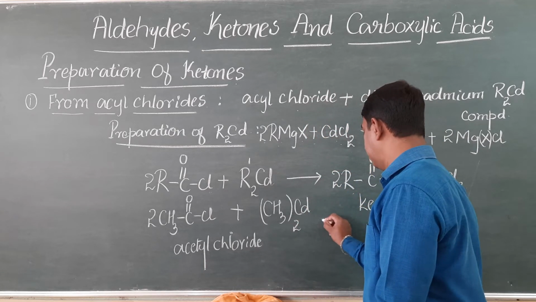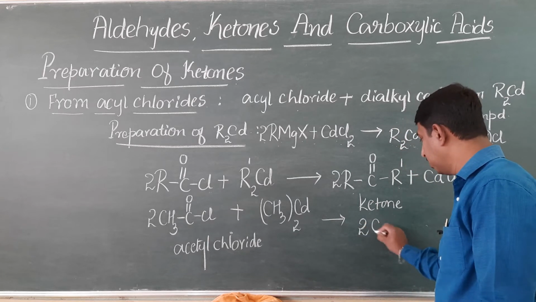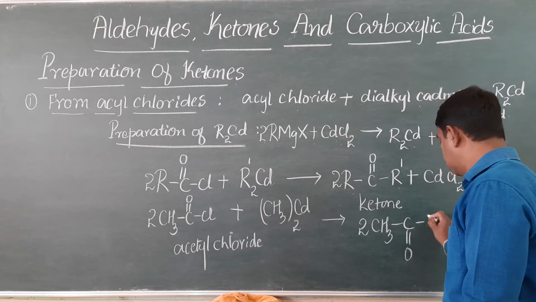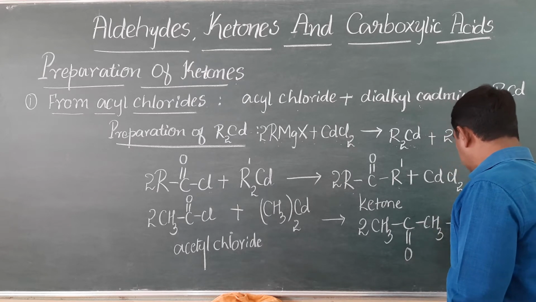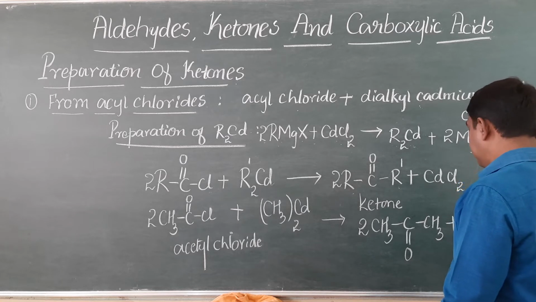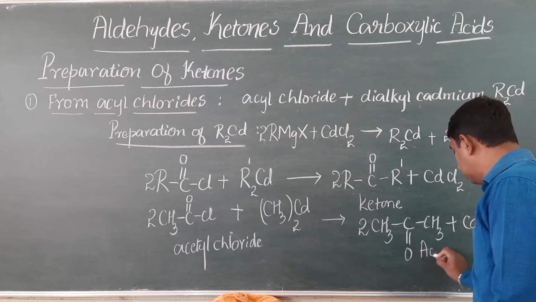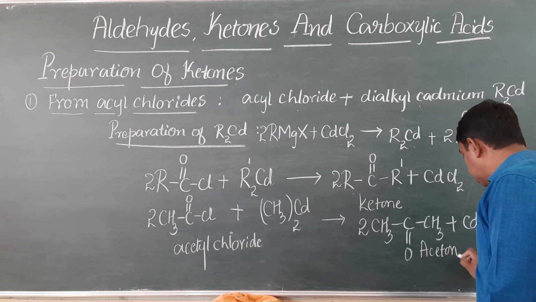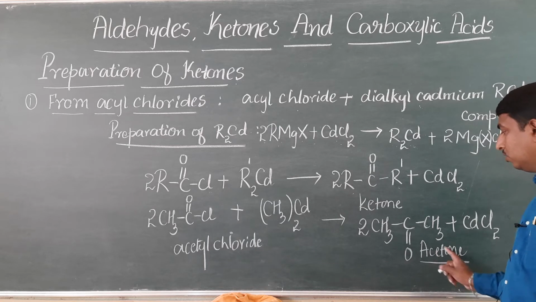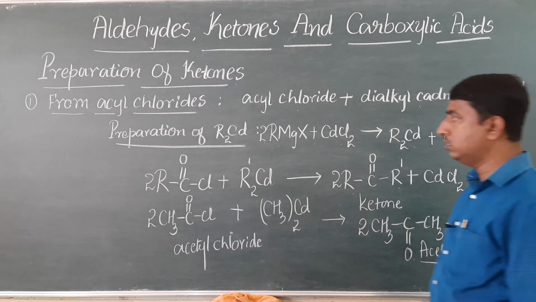Product obtained is 2 molecules of CH3COCH3 along with cadmium chloride. CH3COCH3 is commonly named as acetone, or dimethyl ketone. So this is the first method.